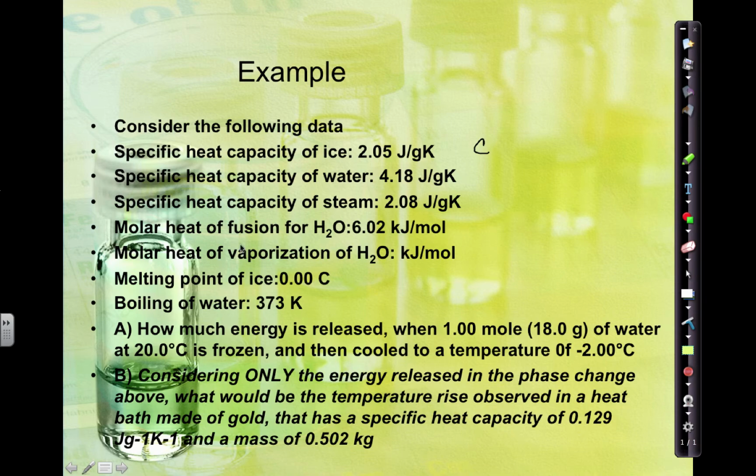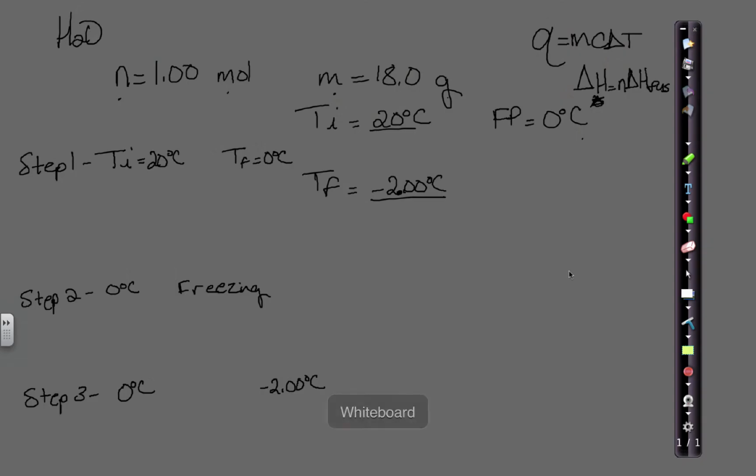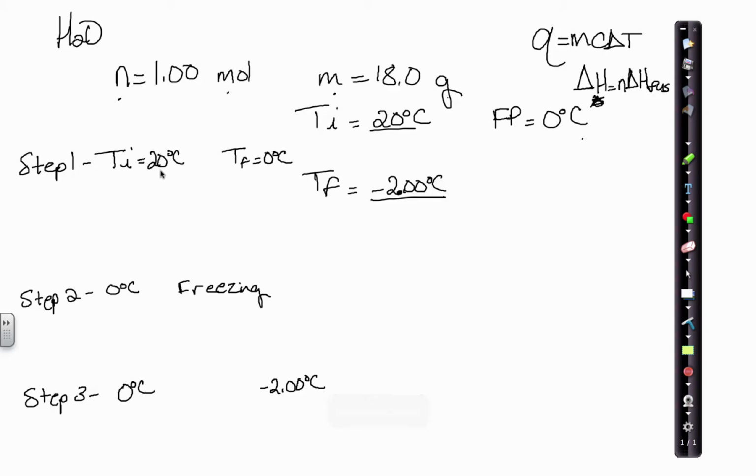All right, and then also you have to be very careful about your units. So if I look at this, all of my C's are in joules per gram degree Kelvin. So I'm going to change my temperatures to kelvins. So 20 degrees Celsius should be 20 plus 273, which is 293 Kelvin. 0 plus 273 would just be 273 Kelvin.